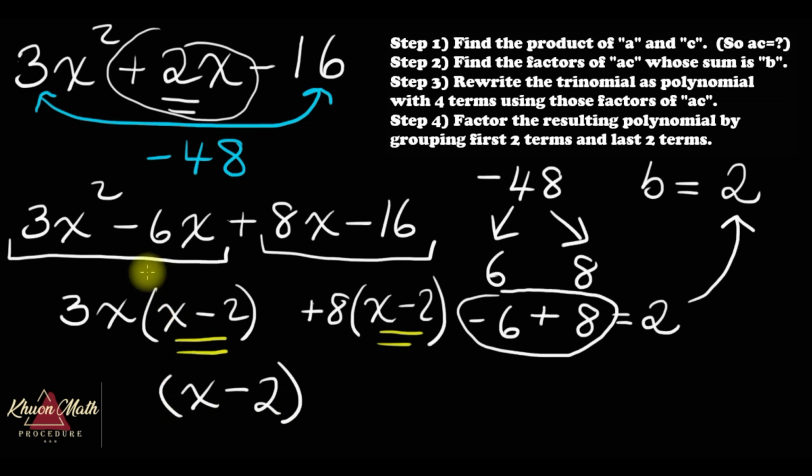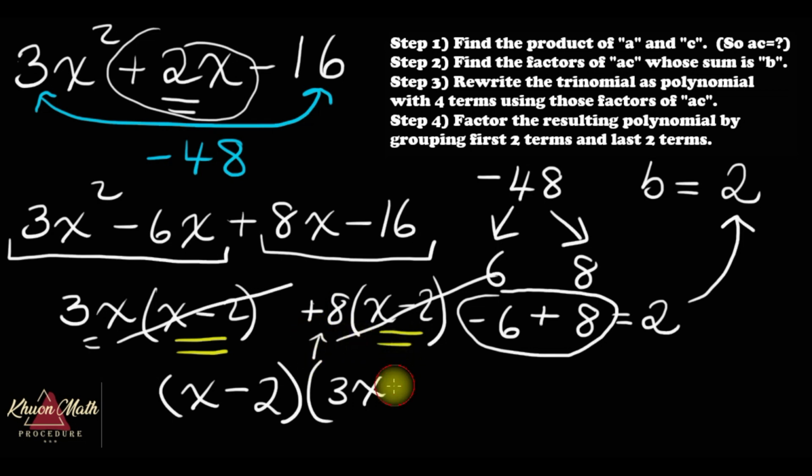And then here, when you pull out x minus 2, this is gone, and you're left with 3x for that term. And then here, when you pull out the x minus 2, you're left with the 8, so plus 8. All right, so when you factor 3x squared plus 2x minus 16, you get x minus 2 times 3x plus 8. And that's the answer to it.